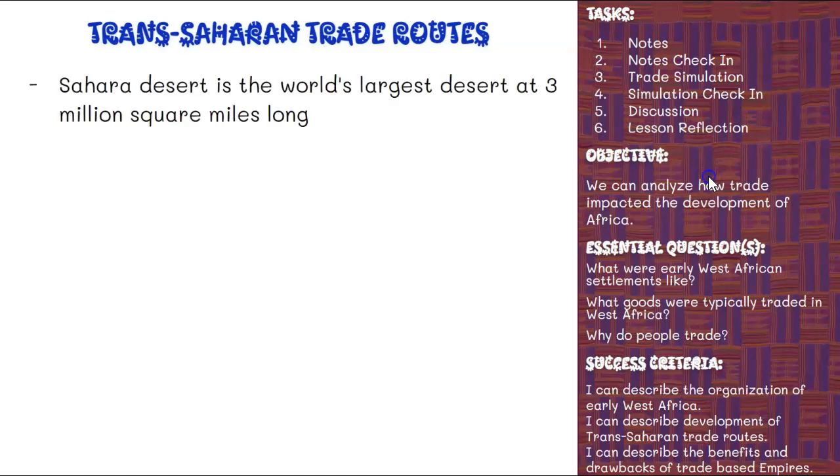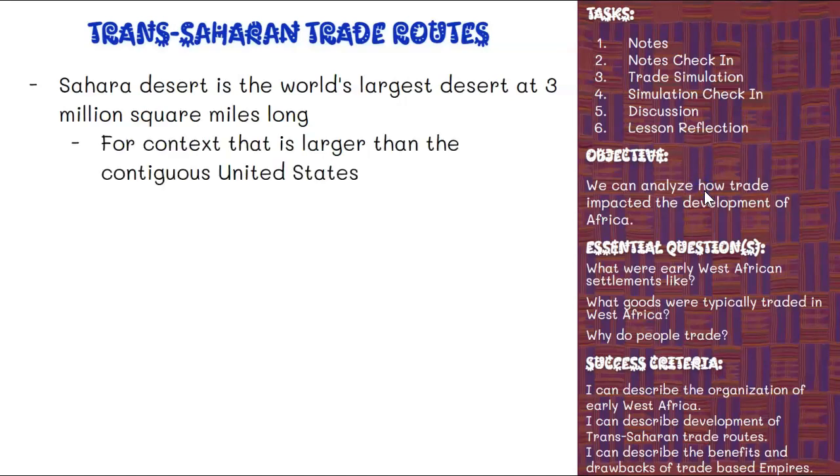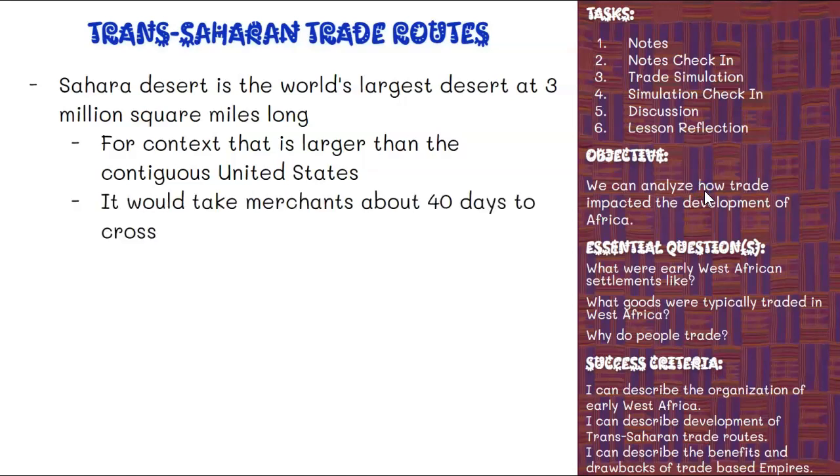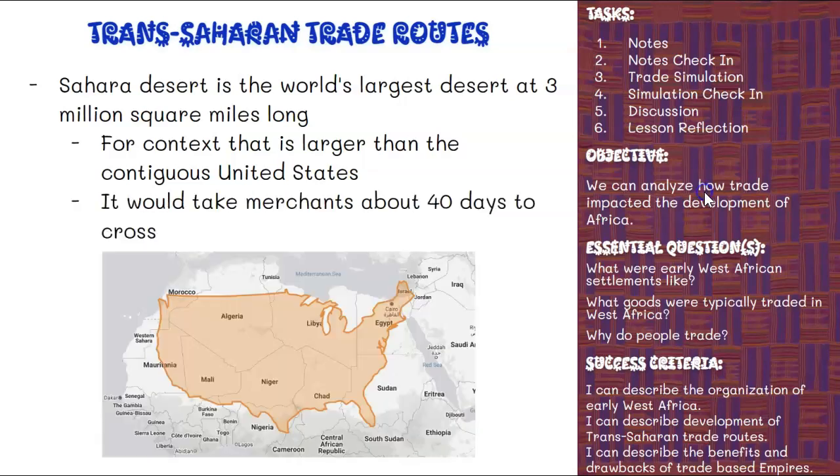One, the Sahara Desert is the world's largest desert at 3 million square miles, which is huge. To put that into context, that is bigger than all of the contiguous United States, and it would take a merchant about 40 days to cross that desert.